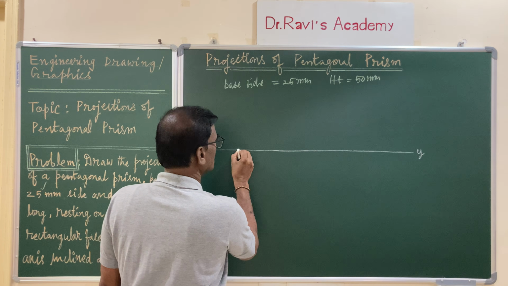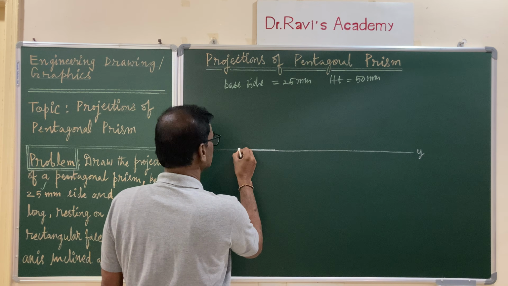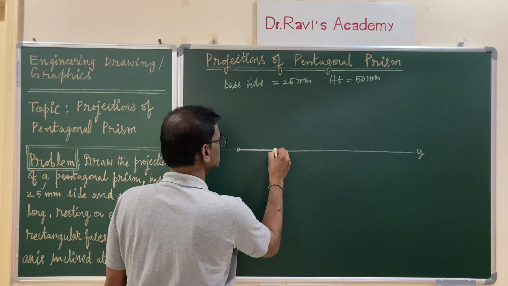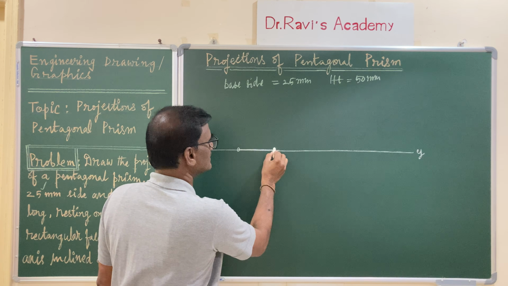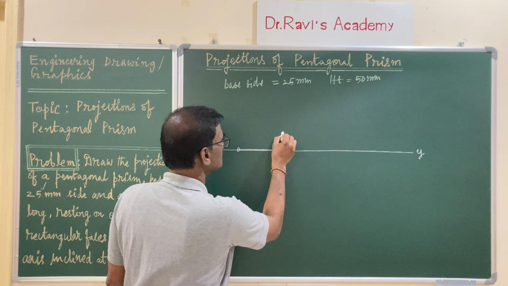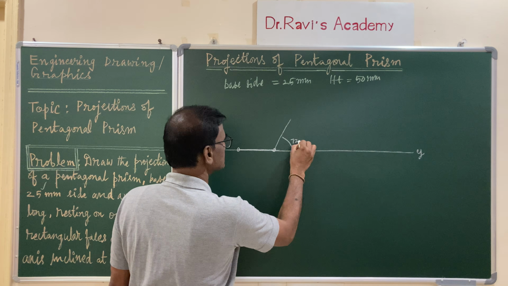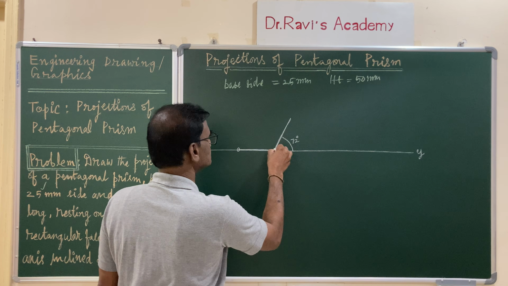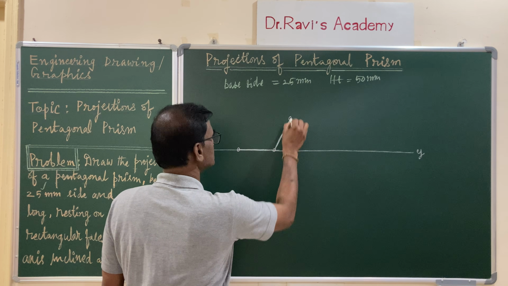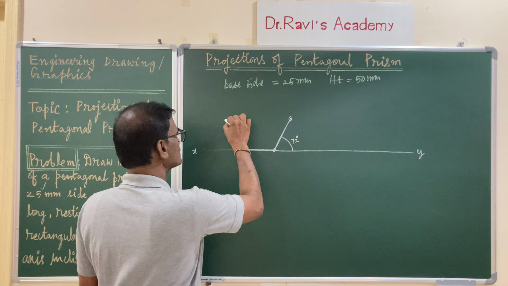So draw a horizontal line of 25 mm, right? And measure the outer angle 72 degrees. This angle is 72 degrees, and mark again 25 mm. This is the point. Similarly, you measure the outer angle from this point also.